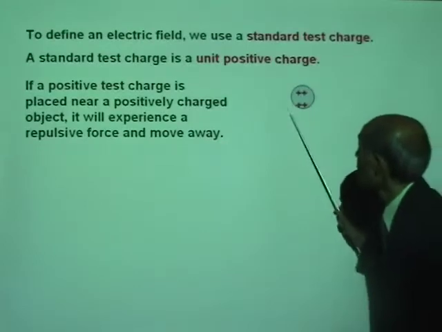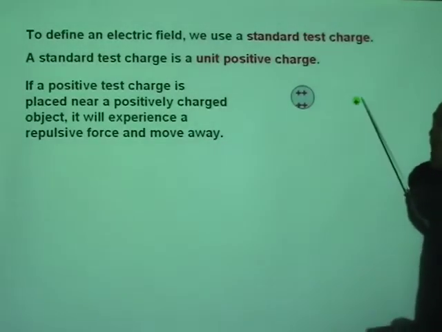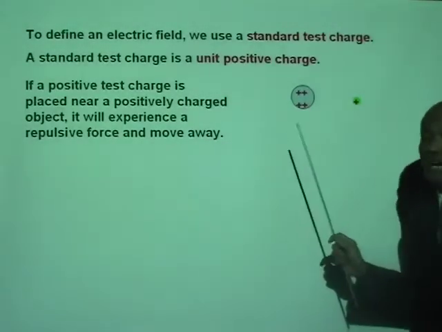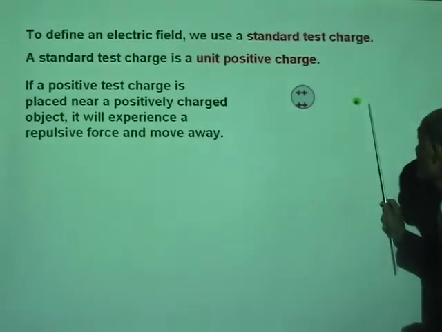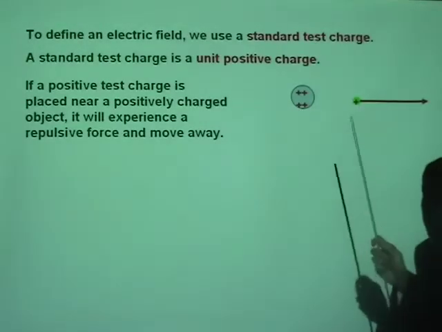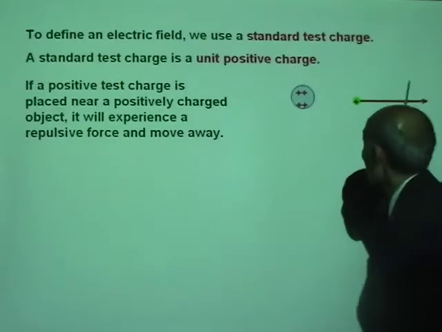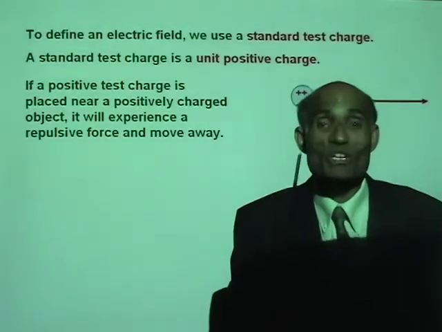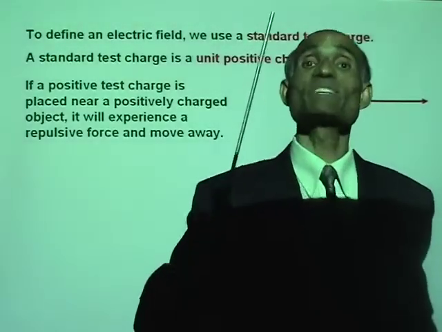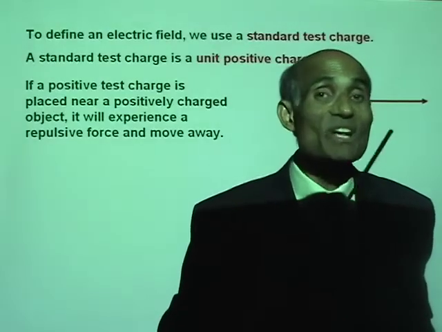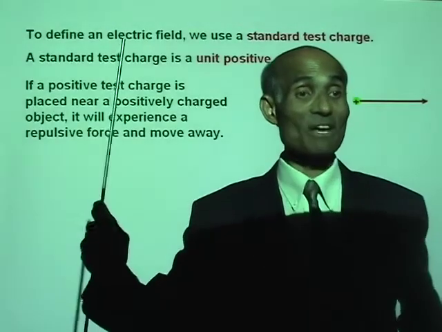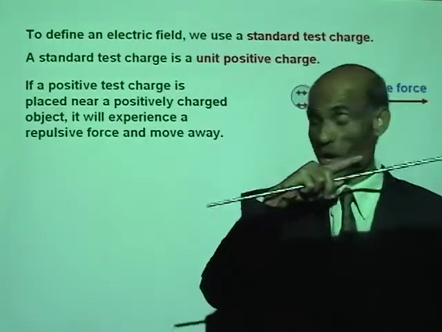Now here is a positively charged object, and here is the positive test charge. Now this test charge is going to move away. Now the direction of motion of the test charge is the direction of the electric field. Alright?